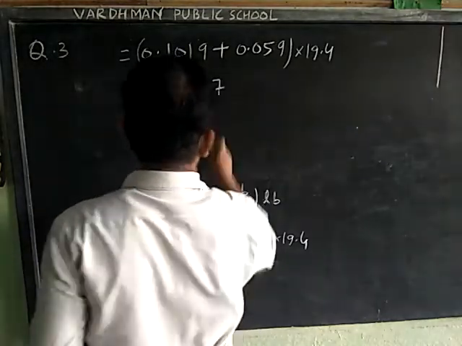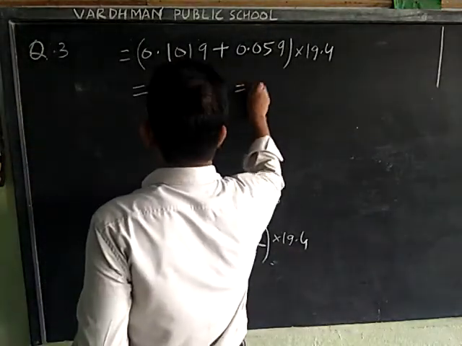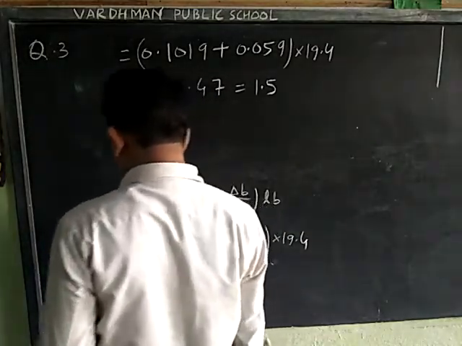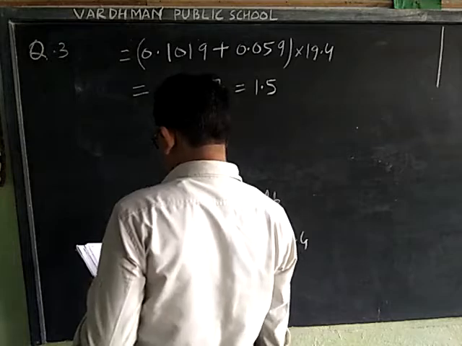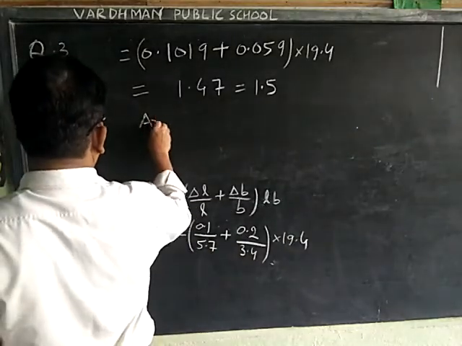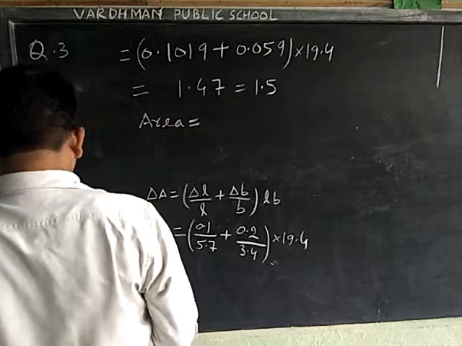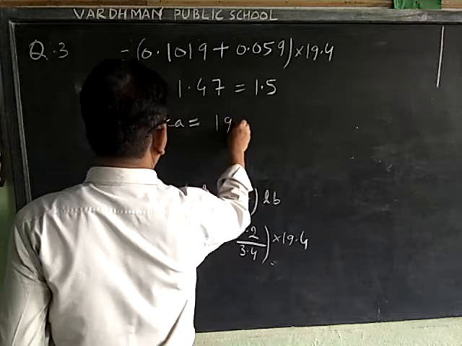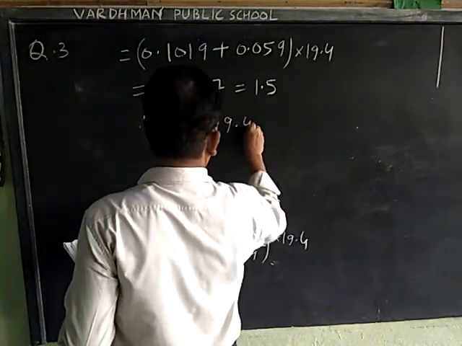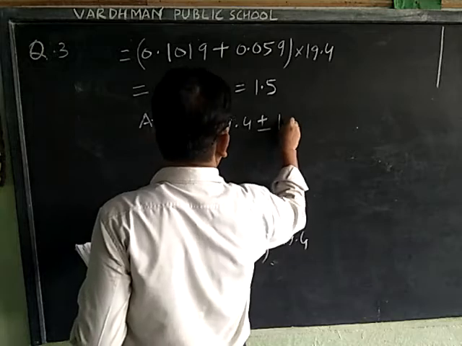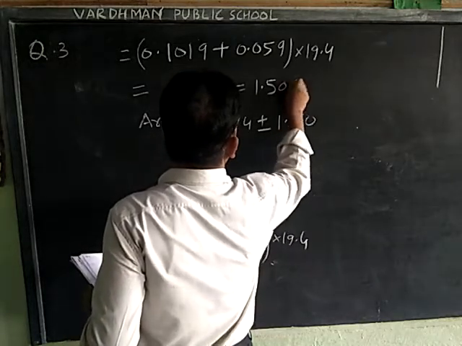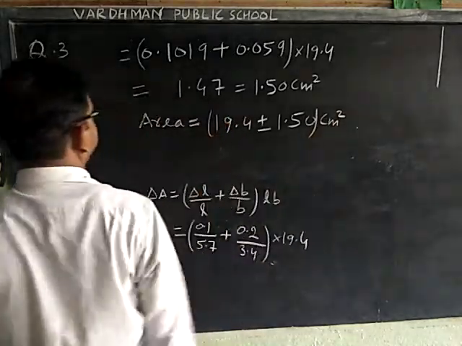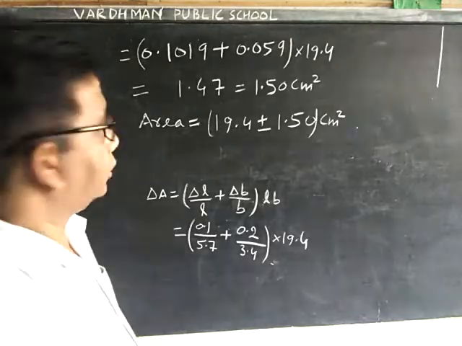Rounded up to 1 decimal place, it becomes 1.5. Thus area is equal to 19.4 plus minus 1.5 centimeter square. This is our third question.